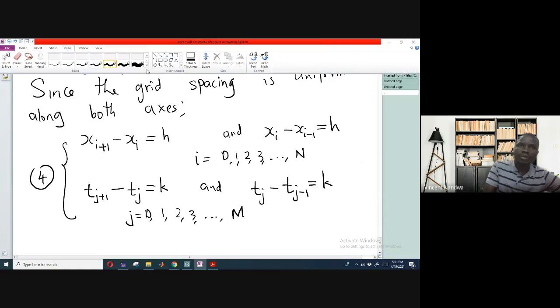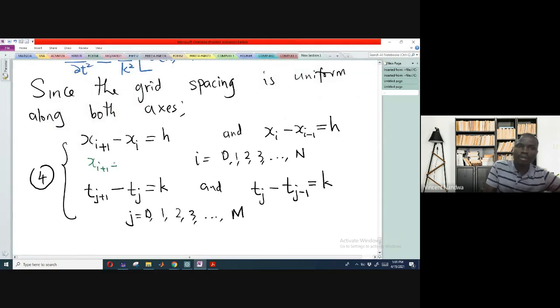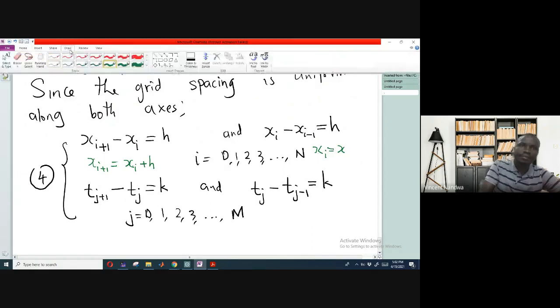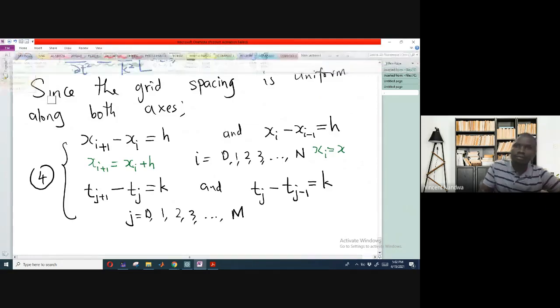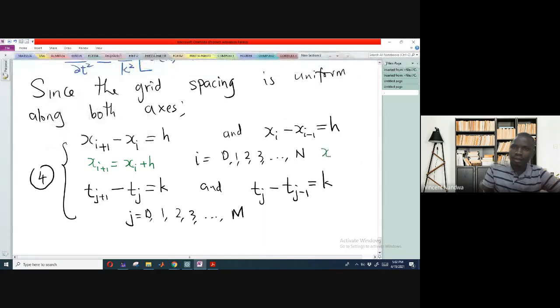And then remember, from this equation 4, this is the same as saying x sub i plus 1 equals x sub i plus h, and x sub i minus 1, if we make it the subject, is x sub i minus h.